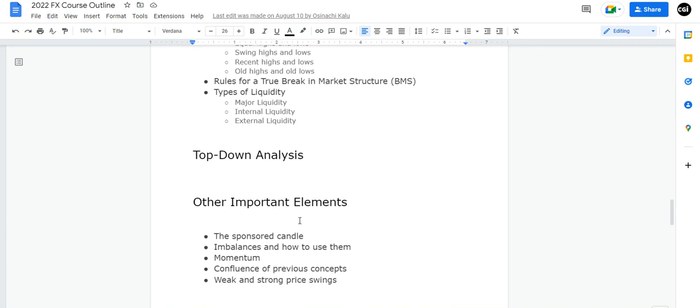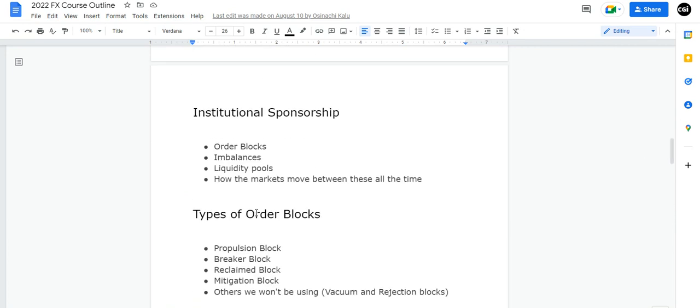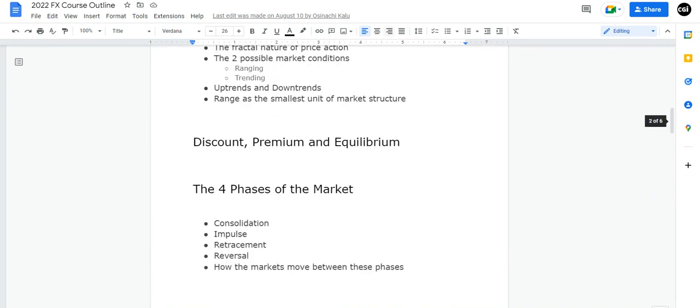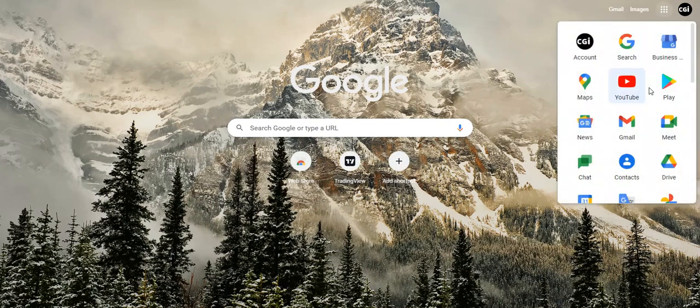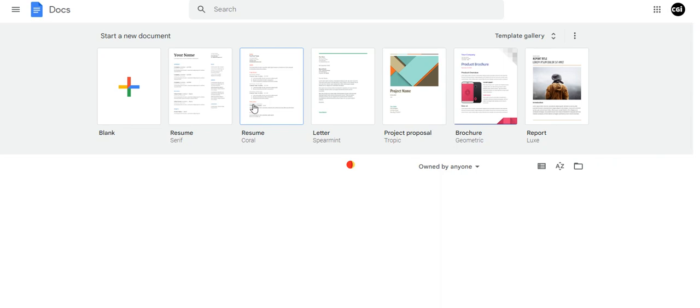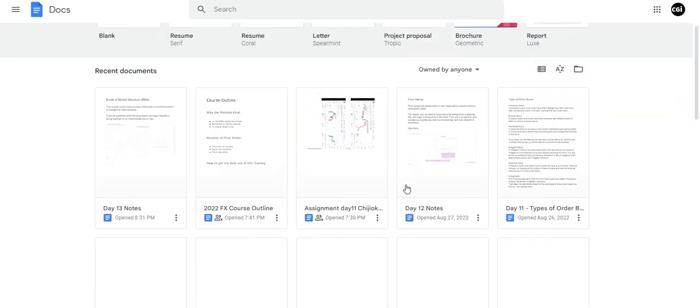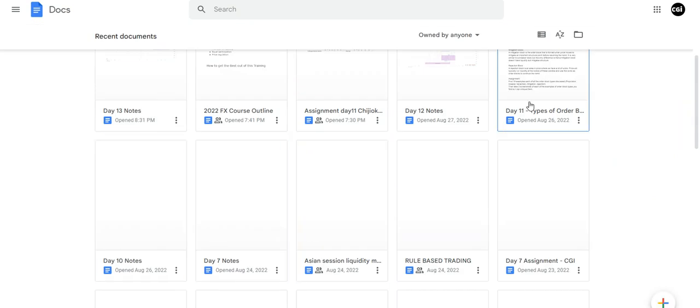if we go back to our teaching on, what was that, hold up, types of order block.